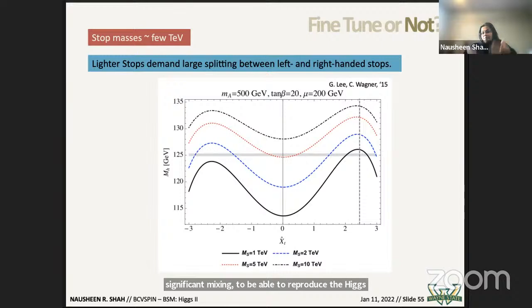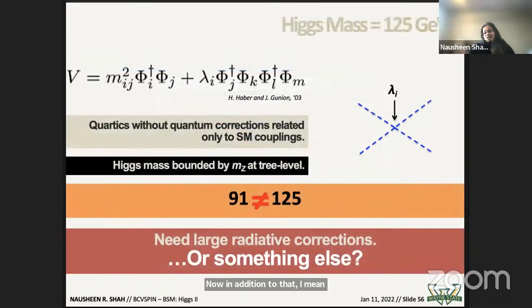And maybe that's the case, maybe that's not. I mean, we're basically now starting to explore the region at the LHC, which would be dictated by looking at the Higgs mass. Now, in addition to that, the situation with the Higgs mass could be these large radiative corrections, or you could have something else, right?